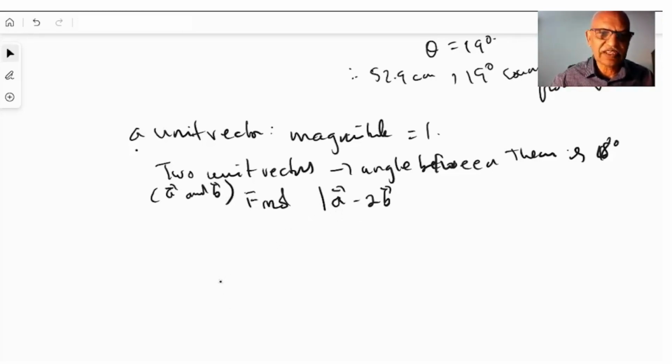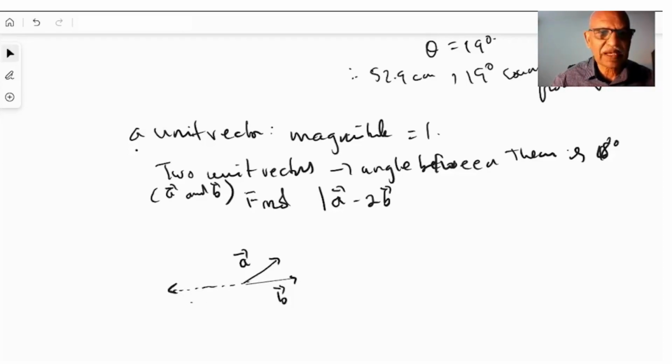To do this, first we say, how is A? A is a unit vector, the magnitude is 1, and B, the same distance, we have B. Then we have A minus 2B. Minus 2B means twice B but in the opposite direction. So twice B but the opposite direction.